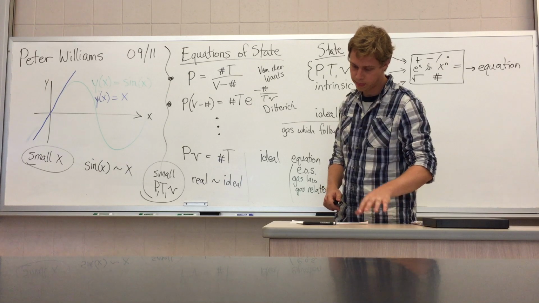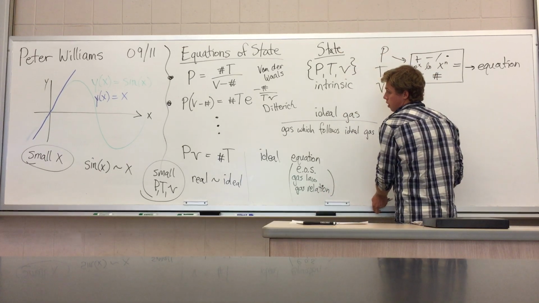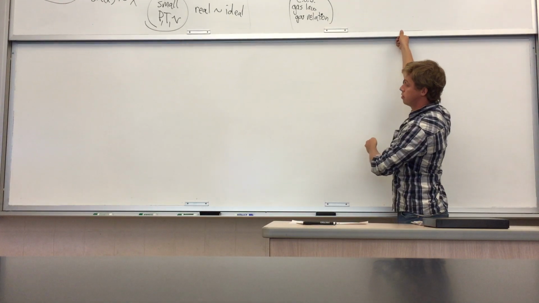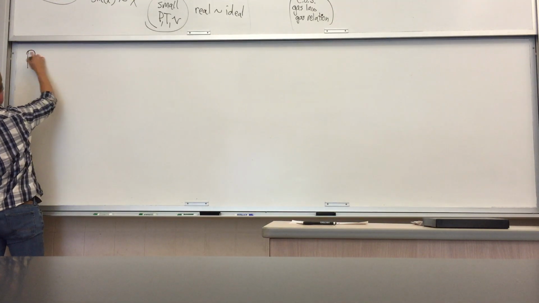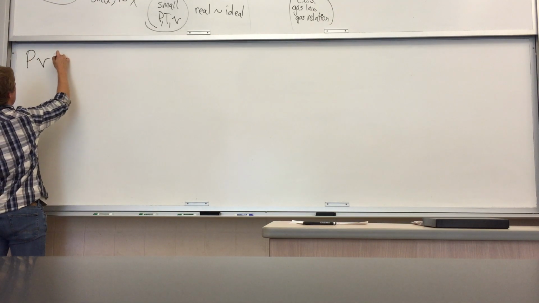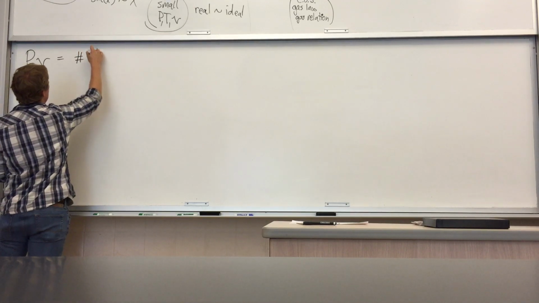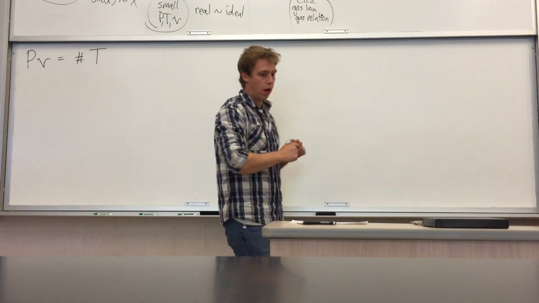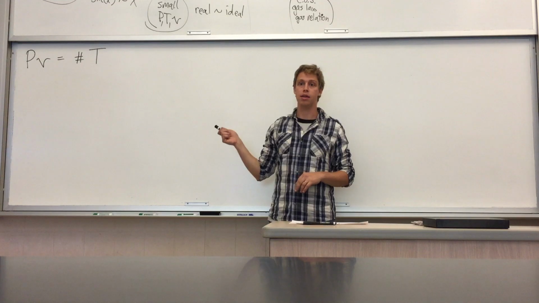All right? Now, for the rest of the time here, what we're going to talk about is this number. PV equals some number times the temperature. Now, I want you to just take a minute and appreciate how simple that is.